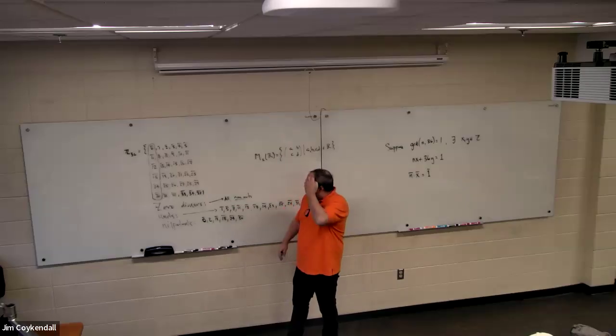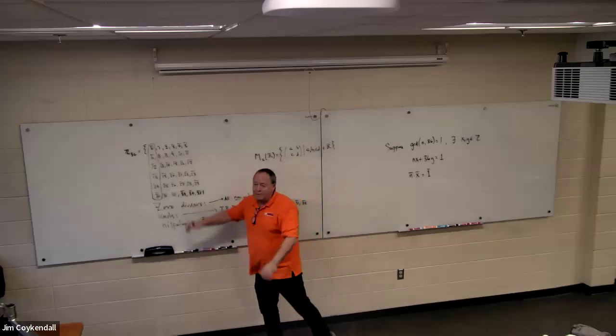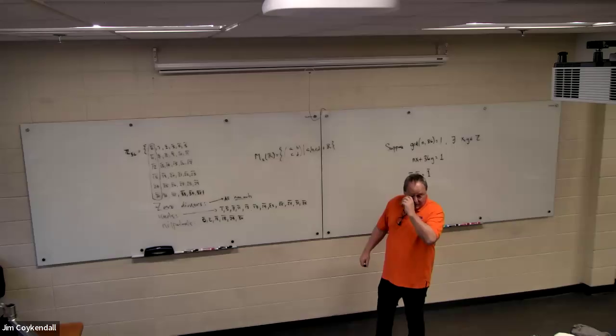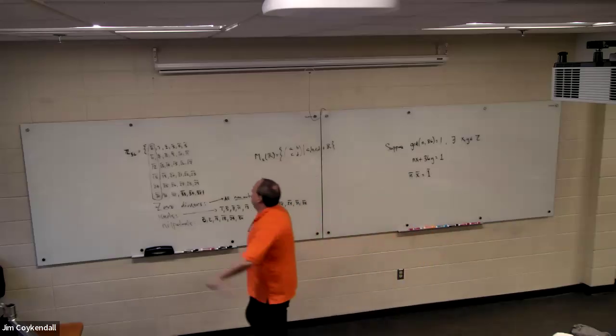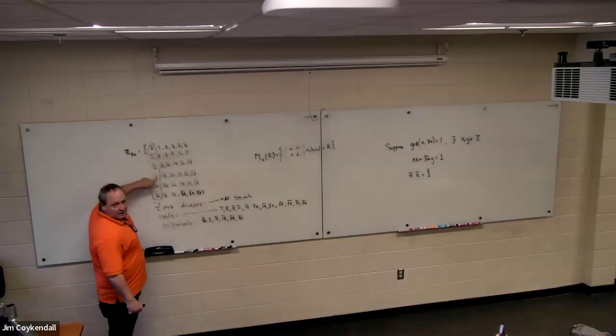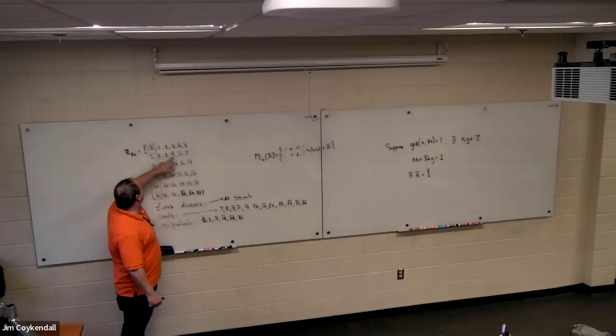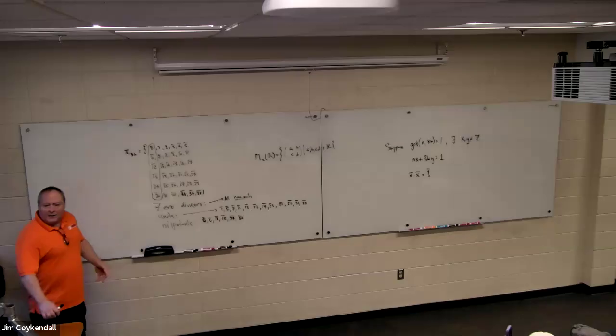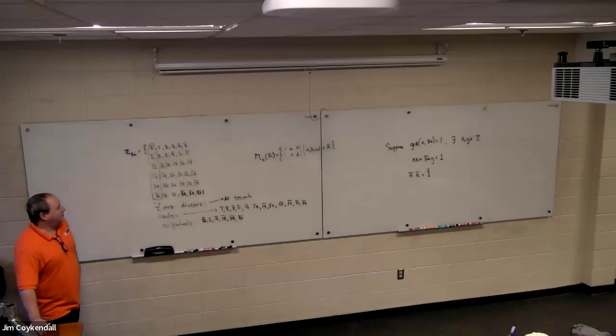But the zero divisors are ones that have a factor in common with 36. That's what makes them zero divisors, because, for example, 2 bar times 18 bar gives you 0, 9 bar times 4 bar gives you 0, and so forth. The key is it's got a factor in common with 36. Are you okay with that?